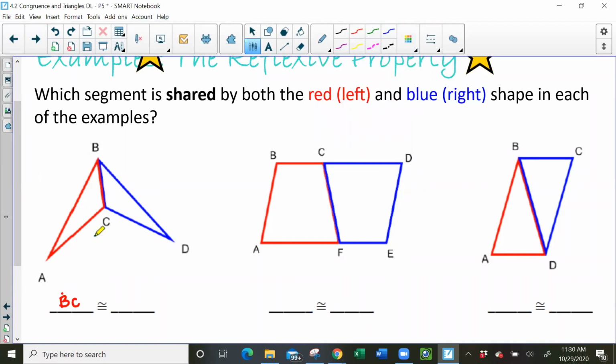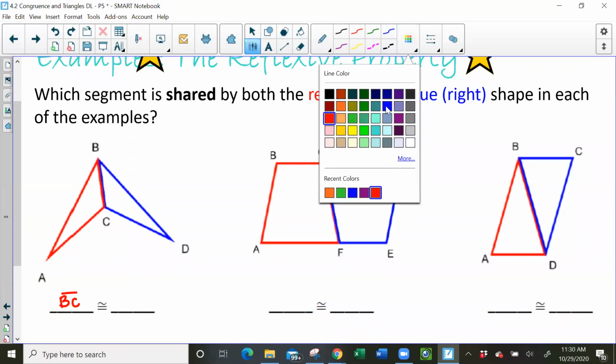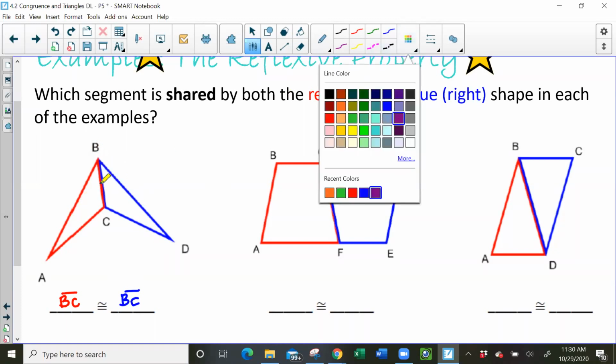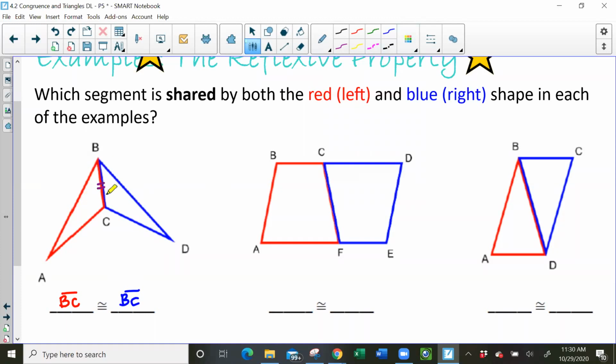So I have side BC in the red triangle and I have side BC in the blue triangle. They share a side, they're congruent to each other. So we could do this. Those are congruent to each other.